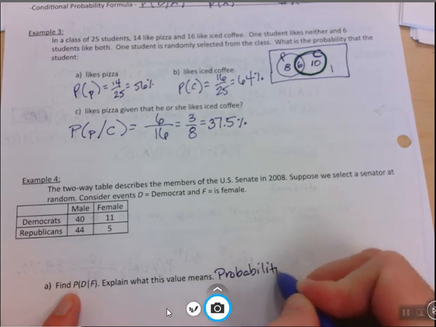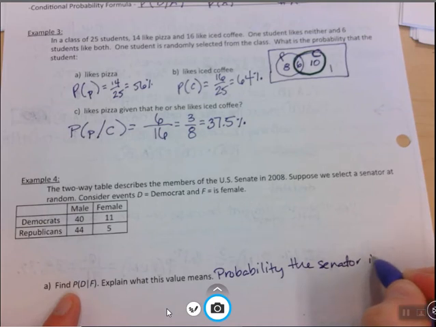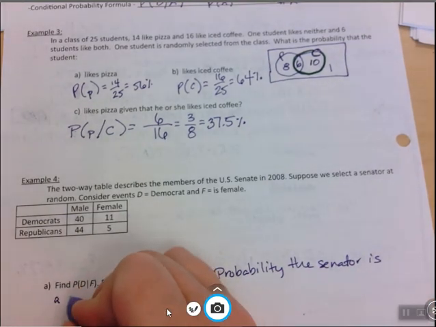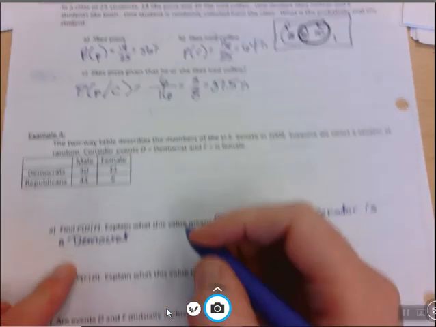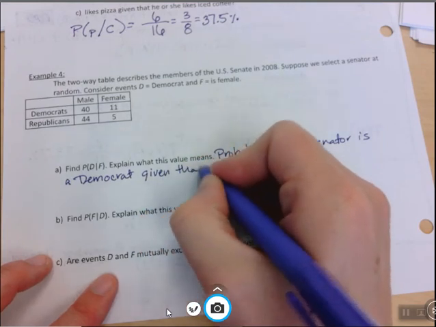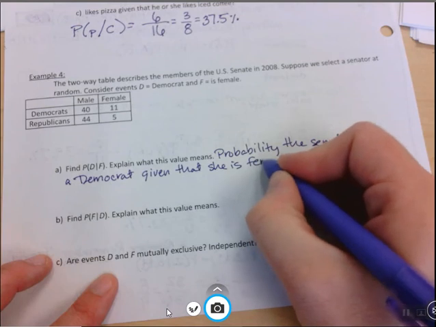Probability the senator is a Democrat given that she is female.